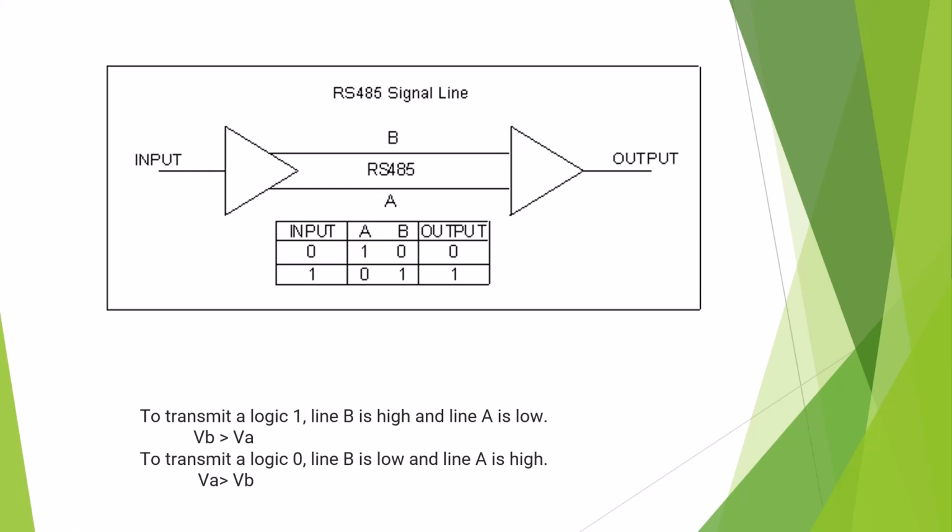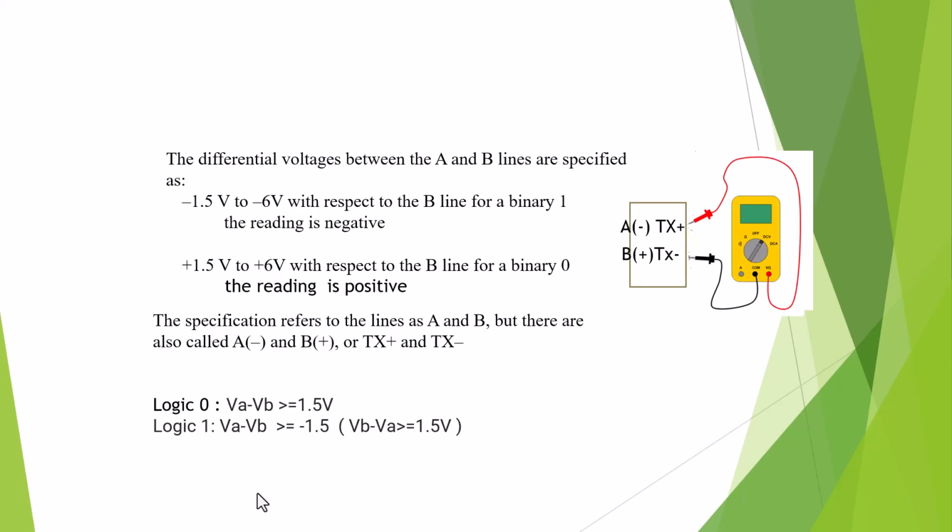If your transmitter sends logic 0, A is high and B is low. So voltage A is greater than voltage B. So what is the difference? The voltage between A and B depends on your logic 1 or 0.